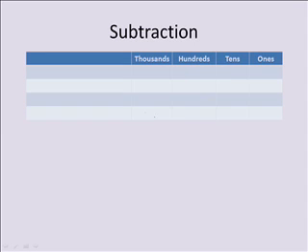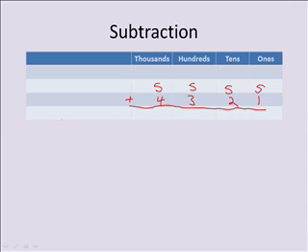Now for subtraction, you do kind of the same thing. So if I say 5,555 minus 4,321. Again, I line up my thousands with my thousands, and my ones, tens, and hundreds. I line them all up together. Now, oops, sorry, this is a subtraction problem.